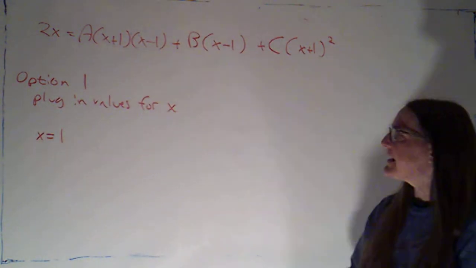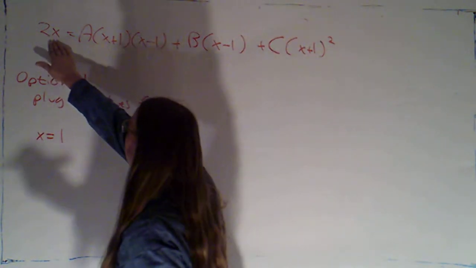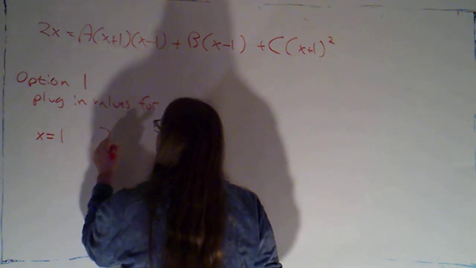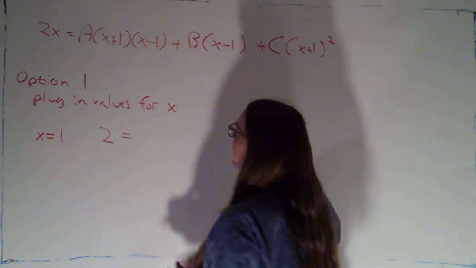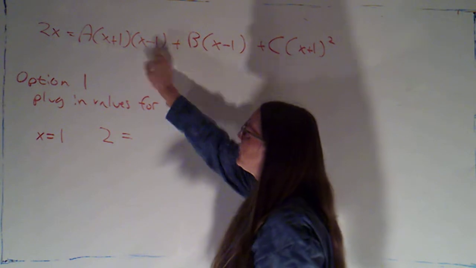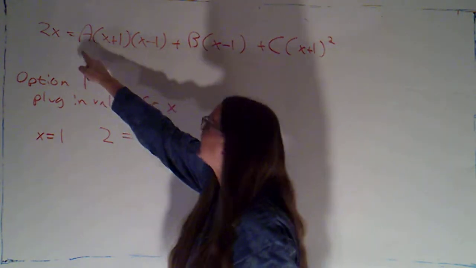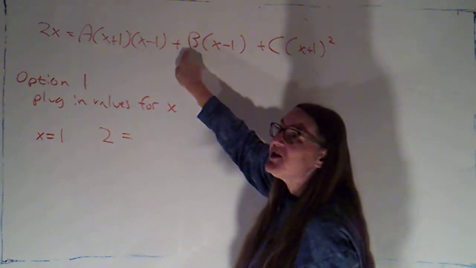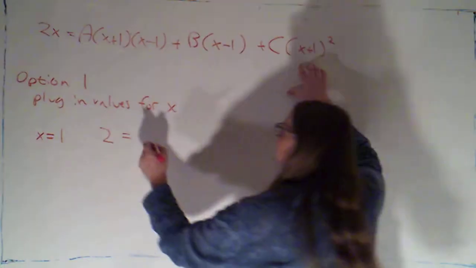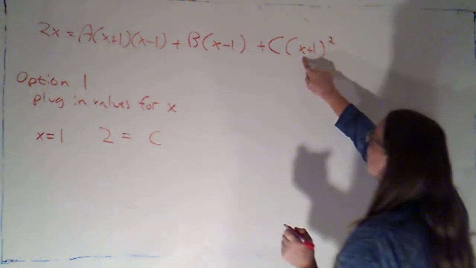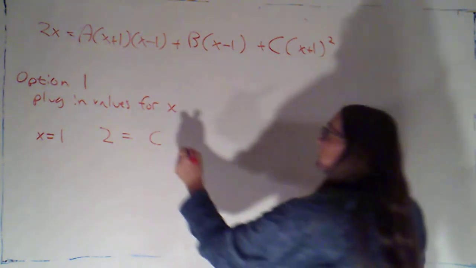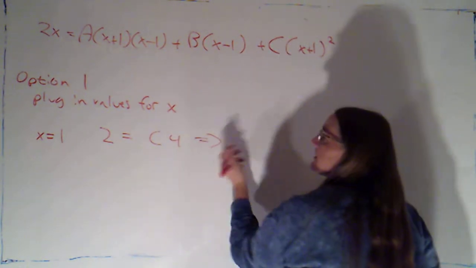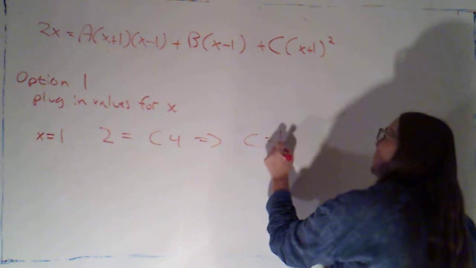So if I plug in x equals 1, this becomes 2. And that's going to equal, well, if I'm plugging in 1 for x, that kills off the a's. If I plug in 1 for x, that kills off the b's. This is going to give me c times 1 plus 1 is 2, squared is 4. So that tells me right there that c is equal to 1/2.